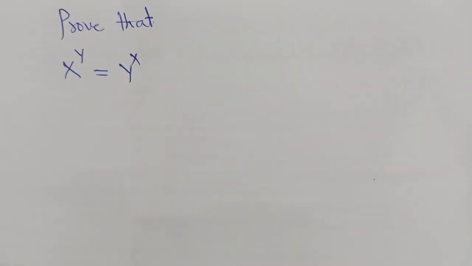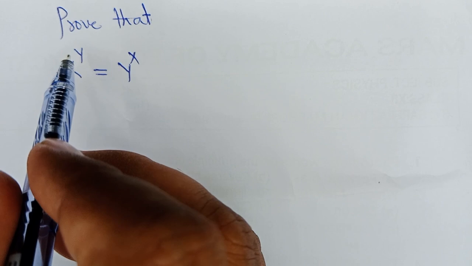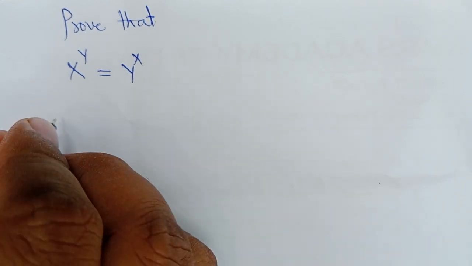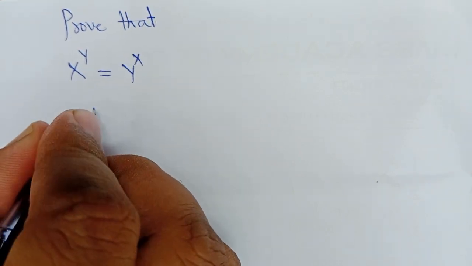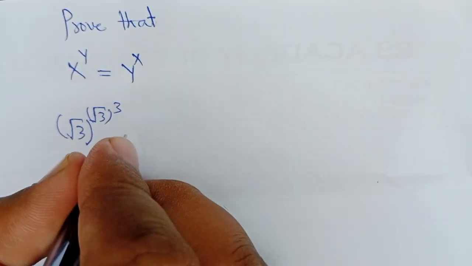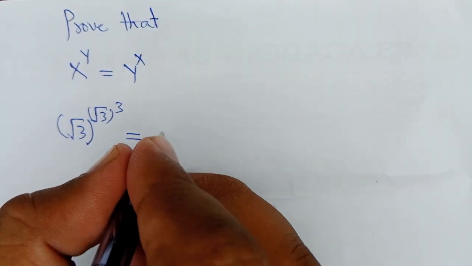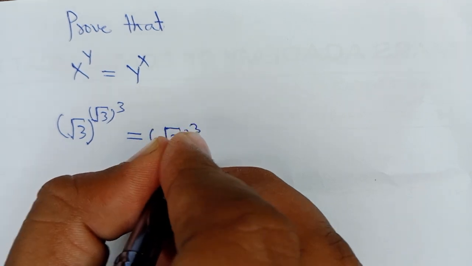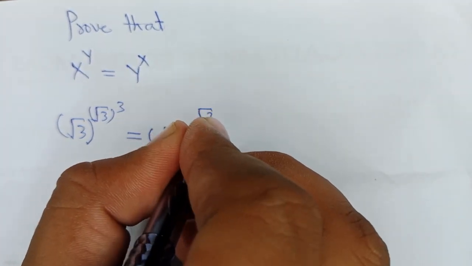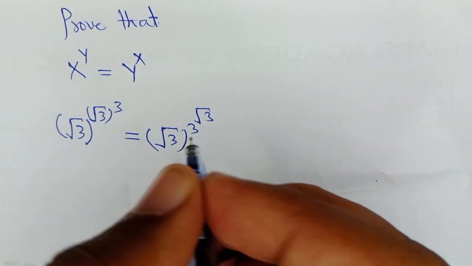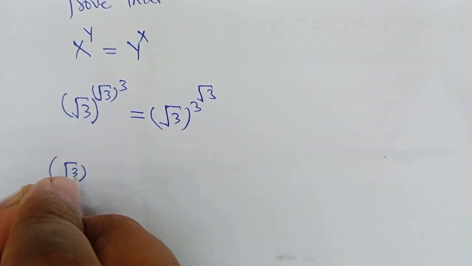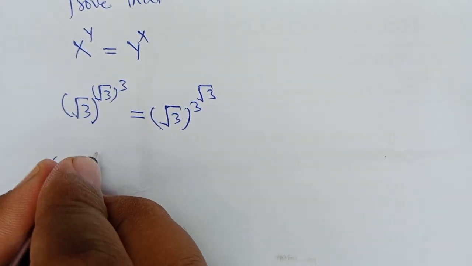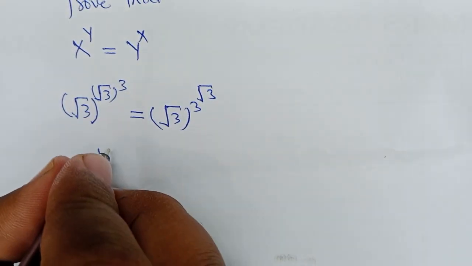Now we have to prove that x power y is equal to y power x. We have considered x as root 3, and the value of y is root 3 whole power cube. So this is the value of x and y. We can simplify: root 3 could be written as 3 power 1 upon 2, and this whole power 3.